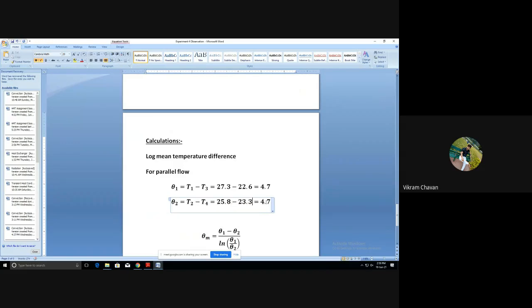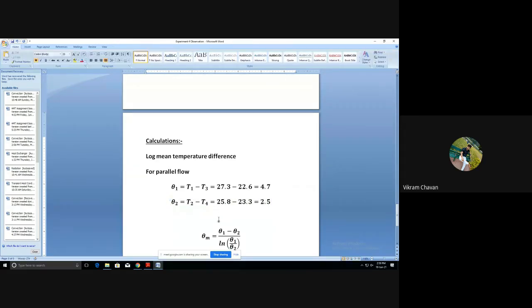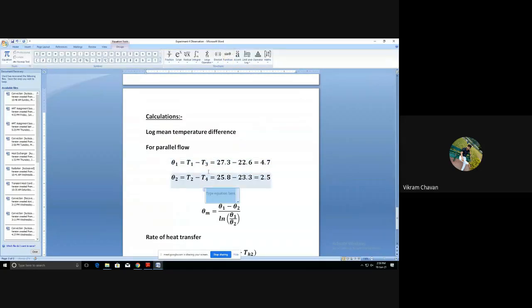How much? 2.5. Now we have to check the ratio of theta 1 to theta 2. These two are not the same, so theta 1 is different from theta 2, and it does not require the L'Hospital rule to be applied here.